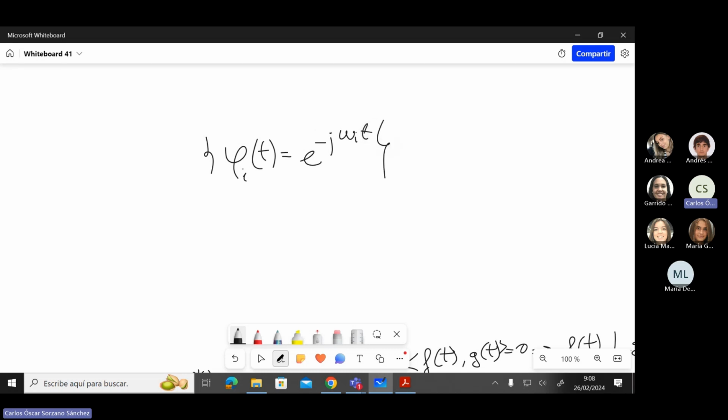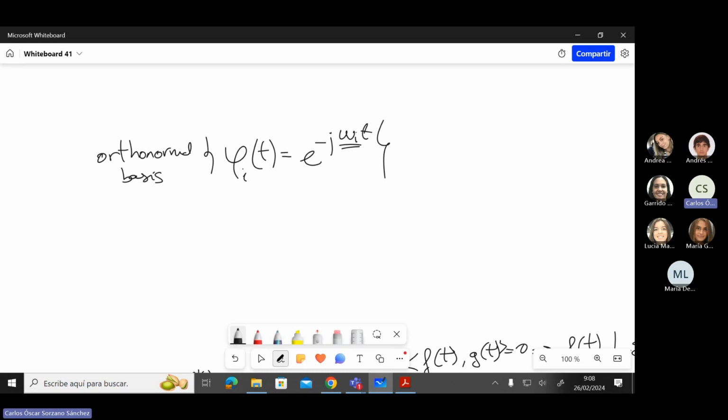So this will be my orthonormal basis. So these are the complex functions. For every i, you have a different frequency. That is what you are changing with the i. And then you have a signal.